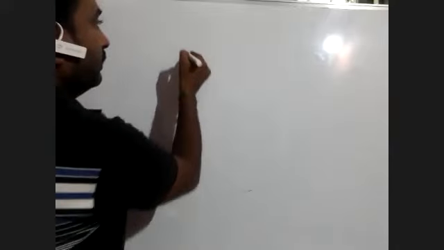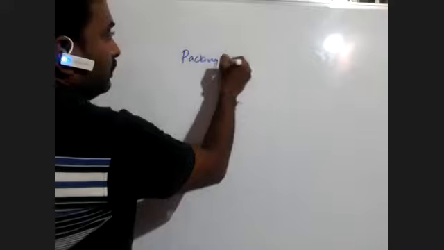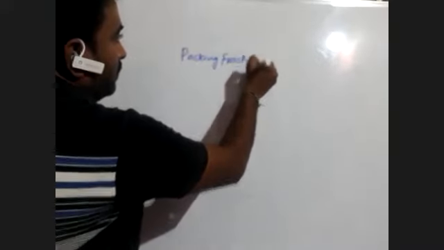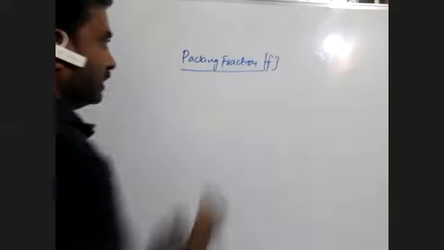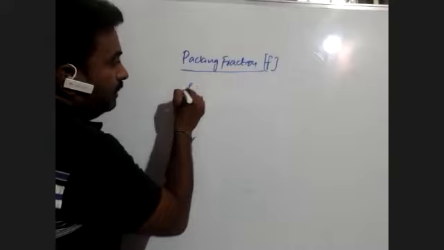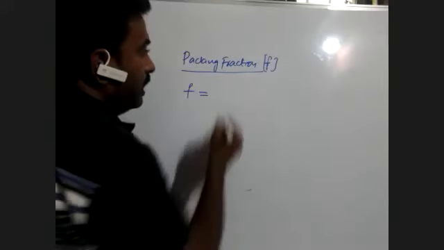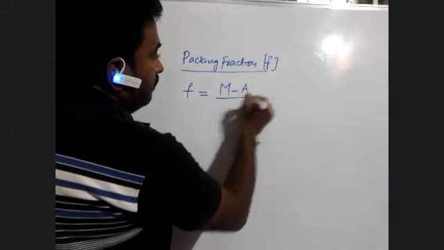So the next topic is packing fraction. Packing fraction symbol is F. Packing fraction formula: F is equal to actual mass of the nucleus minus mass number, divided by mass number.